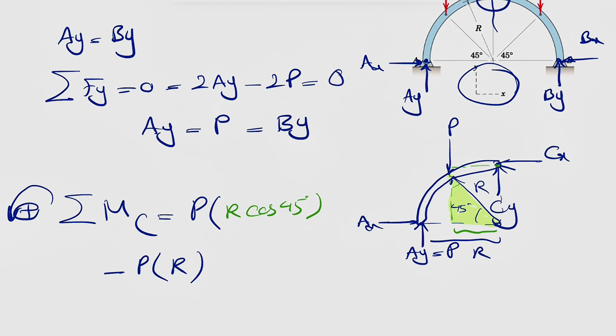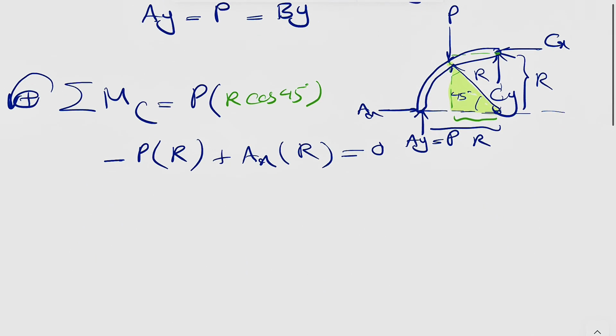The last thing is the moment of Ax, which is also in this direction, so counterclockwise, another positive moment. We don't know its value, we have to find it. Again, the vertical distance to the line of action is R, and this will be equal to 0.